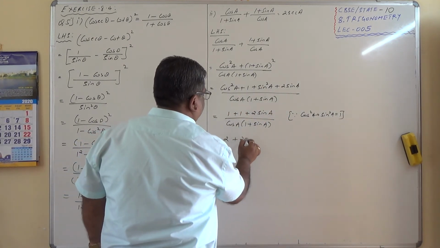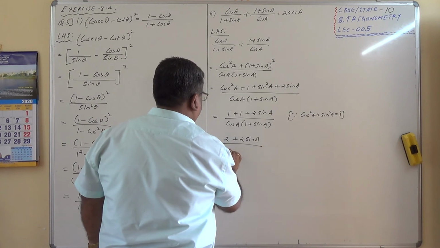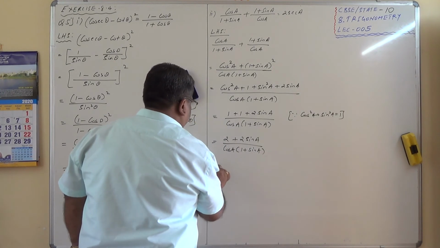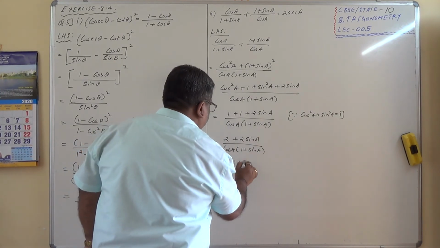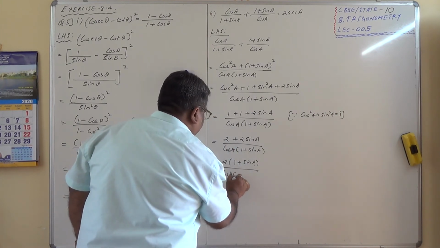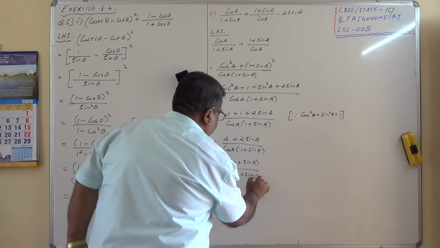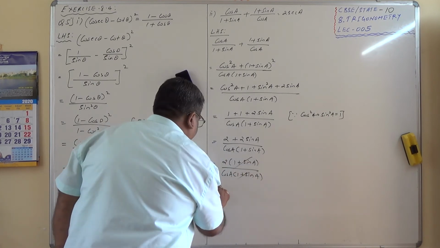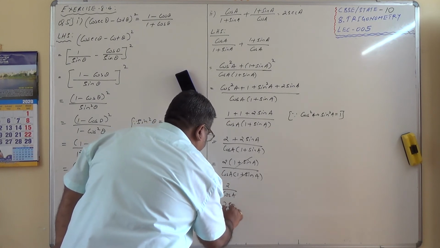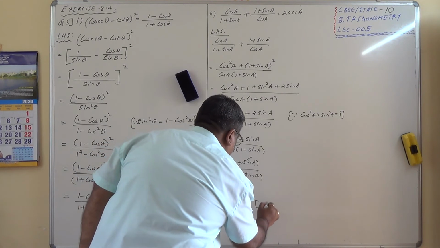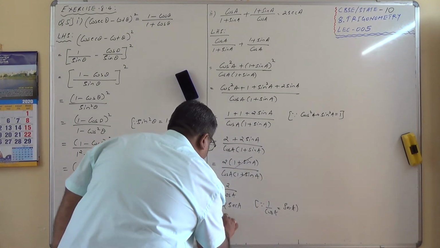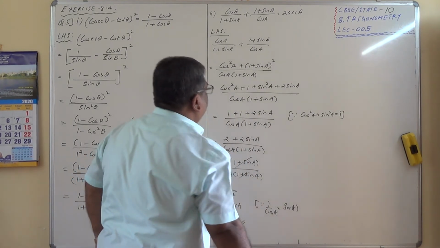This is 2 plus 2 sin A divided by cos A into 1 plus sin A, which equals, taking 2 common, 2 times 1 plus sin A divided by cos A into 1 plus sin A. This will cancel, which is 2 by cos A, which equals 2 times secant A. 1 by cos A equals sec A, which is RHS, hence proved. Make a note of this.